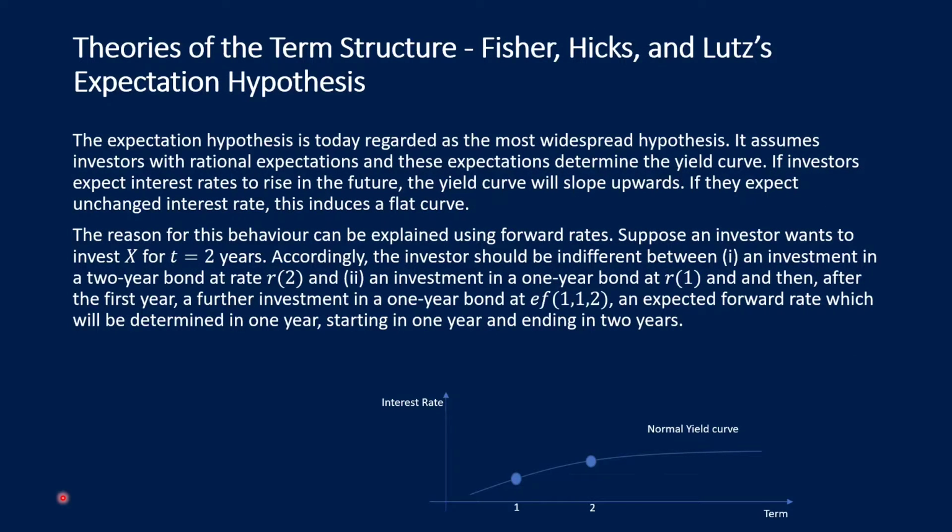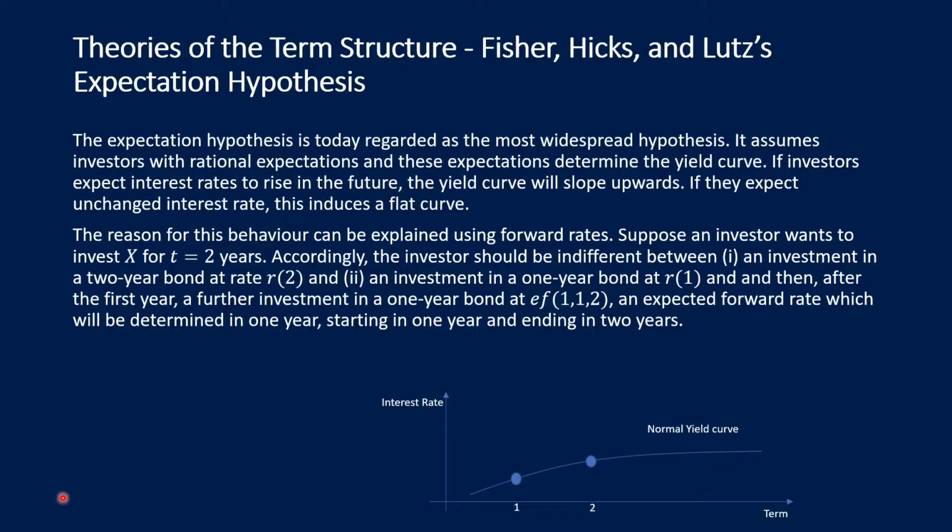The second theory that I would like to introduce for explaining the term structure is Fisher, Hicks, and Lutz's expectation hypothesis. Let me make some remarks before I go into that hypothesis. If you want to invest some money for 2 years, you have two options.